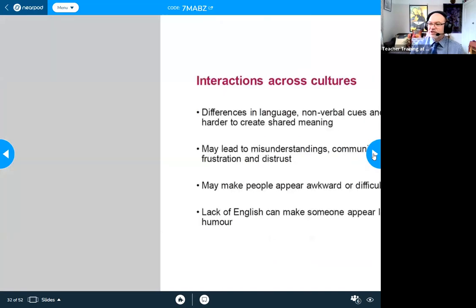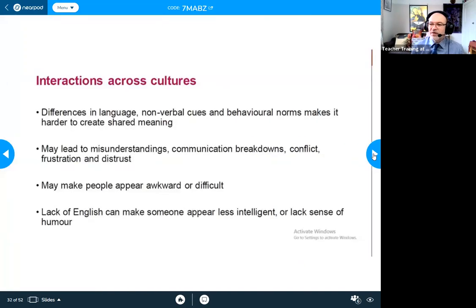So again, I think it's just an awareness, really, of the nature of interaction across cultures and language barriers. People from different cultures, whose first language isn't English, can appear, as the third bullet point says, awkward or difficult or slow to learn.